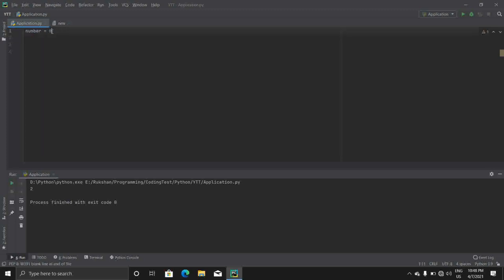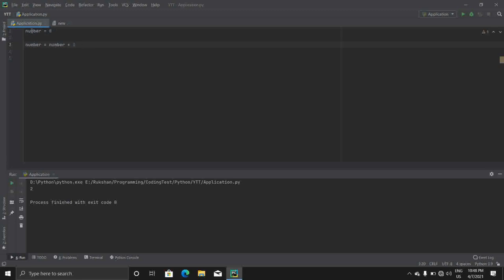Now let's see how to increase this number by 1 and assign that value to this number. This expression we can simply represent like this: number equals number plus 1. This line is going to add 1 to number and assign that value to the number variable. Now how many variables have we used in this program?